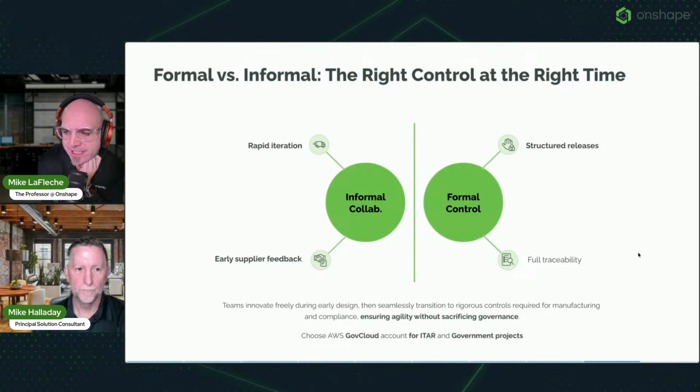We have AWS GovCloud for ITAR type work. If you're interested, reach out to an account executive, and we can make sure it's the right package for you, because there are different levels of government work that you can do in the cloud, and some you can't. These are things we want to make sure you're aware of.